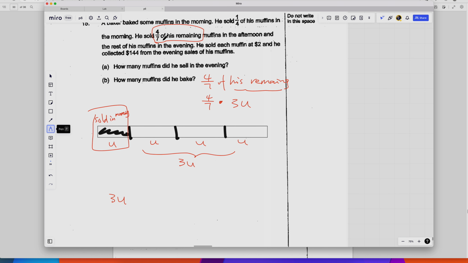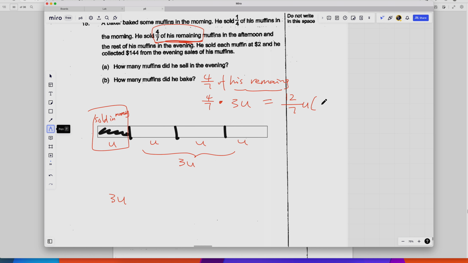So basically this statement is this. This is sold in the morning, and this one is sold 4/7 of his remaining in the afternoon. So you use your calculator. This will be afternoon. And if you use the calculator, you will get 12/7U.